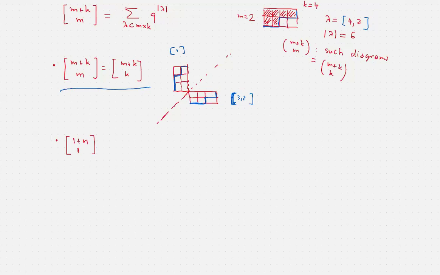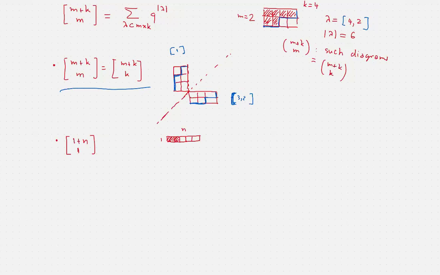So if we have one row, so this is a 1 by n grid, then we can ask how many paths we have, and pretty much what happens here is for each number between 1 and n, we're going to have exactly one partition that is contained in this grid. So for example, for the number 2, we're going to have this partition that consists just of the number 2.